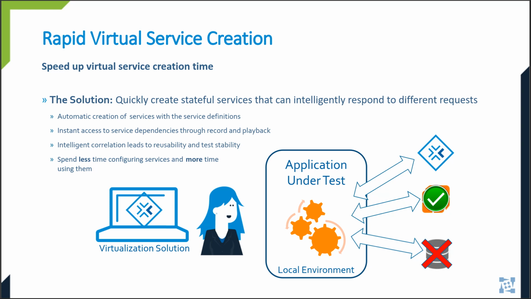Not to mention, the OpenAPI Swagger definitions actually even have examples now in their definition files. So you even have the data to start with in order to virtualize your service.